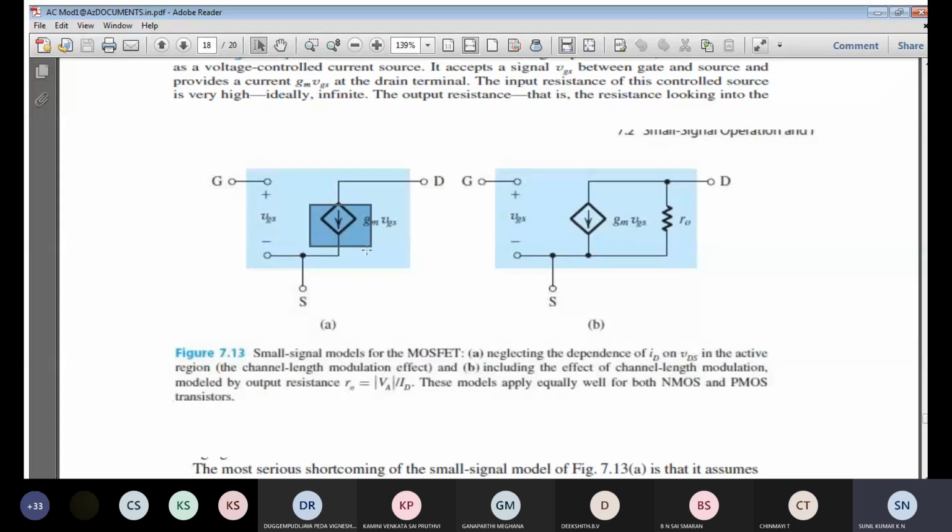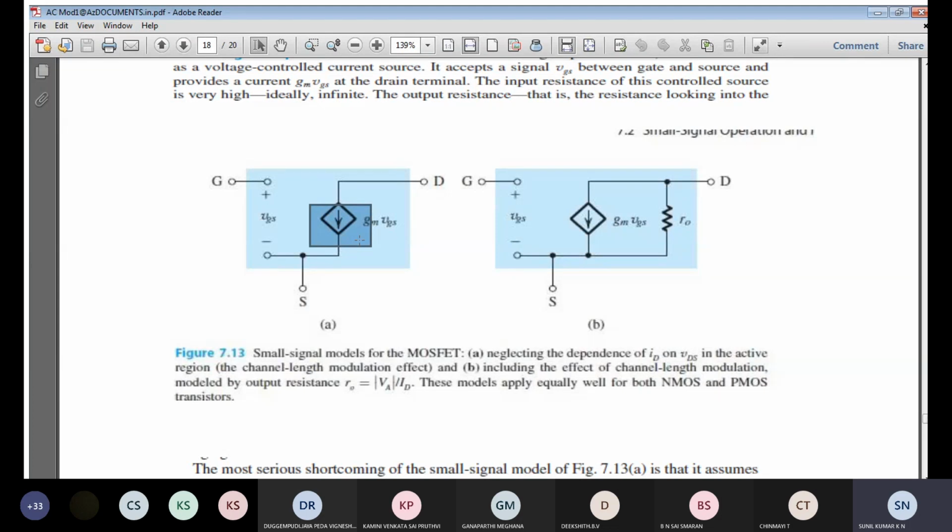If it is less than 1 micrometer, then obviously the current ID is not independent of VDS, it is going to be dependent. In the deep submicron level, as you increase the drain to source voltage beyond the overdrive voltage, you can see an increase in the current as well.